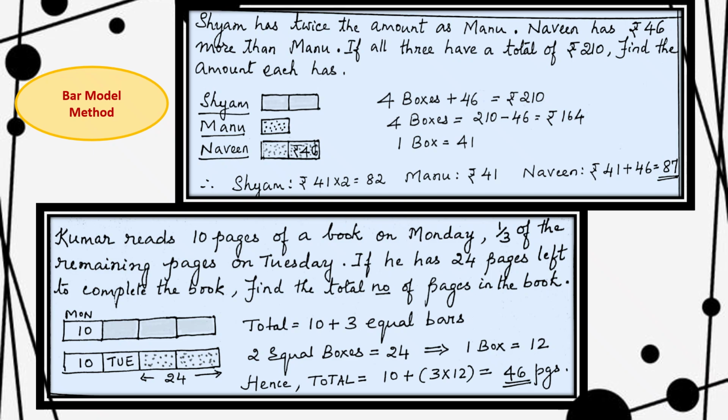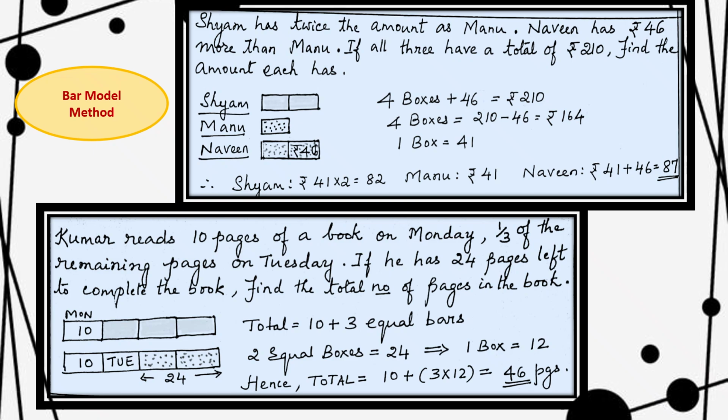If all three have a total of rupees 210, find the amount each has. So to interpret this rightly using rectangular bars, use equal units for the fractions because fractions are always in equal units. So write the ratio or fraction in equal represented rectangular bars.